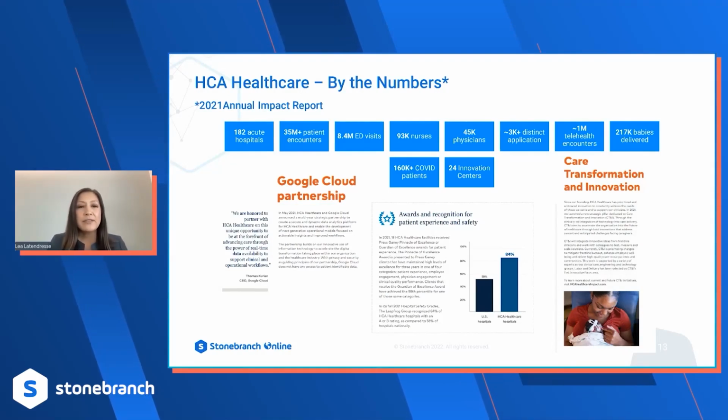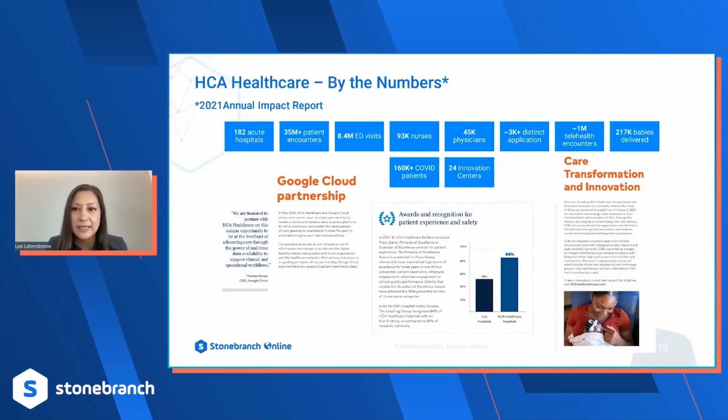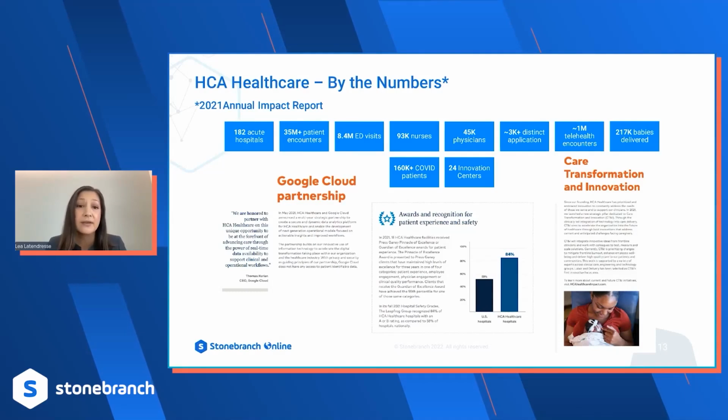So with the middle of COVID, we spun up as a strategic pillar what we know internally as the Care Transformation and Innovation team. That team is really meant to embrace innovation as a way of life. Those are our innovators, our data scientists that are delivering outcomes in more impactful ways, harnessing the power of our data sets.